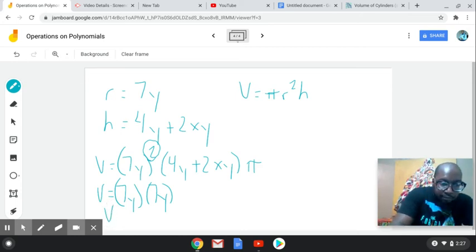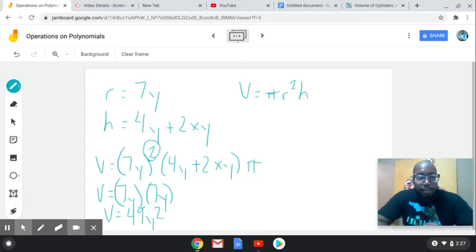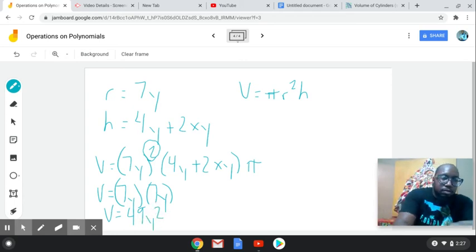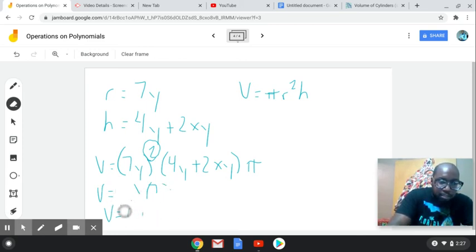Which in that case, V equals 49y squared. Right, that looks a little jumbled up, so I'm going to just go ahead and erase that part and go back to what I originally had.